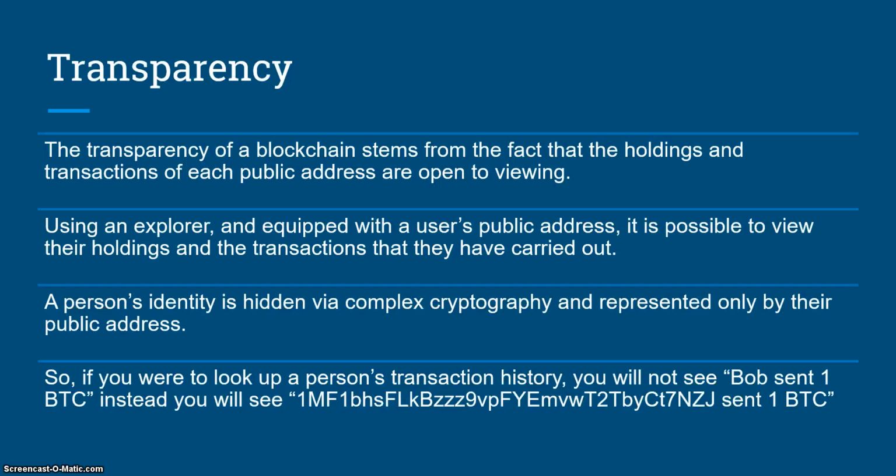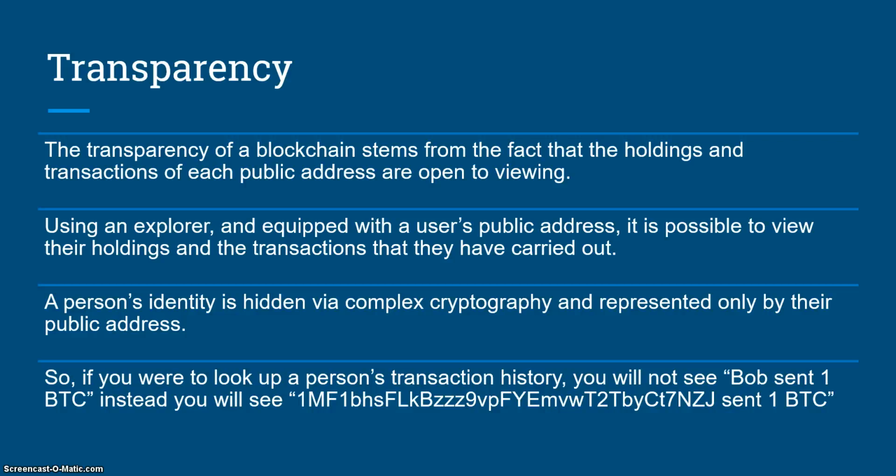Second one is transparency. The transparency of the blockchain stems from the fact that the holdings and transactions of each publicly addressed account are open to viewing. For this, we use an explorer. Equipped with a user's public address, it is possible to view their holdings and the transactions that they have carried out.